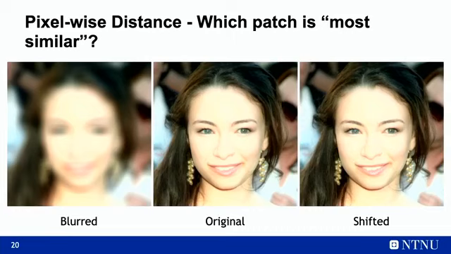Now, if I look back at the objective function I just created, this L2 distance between the pixels, and I measure which image is most similar to the original one, I'm definitely going to select the shifted one. There's no doubt for a human. But this L2 distance is always going to select the blurred one. So this is really not a good measure of how good an image looks, and this objective function of L2 distance does not work.